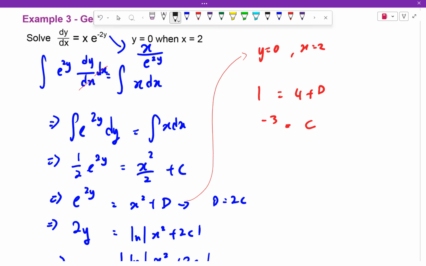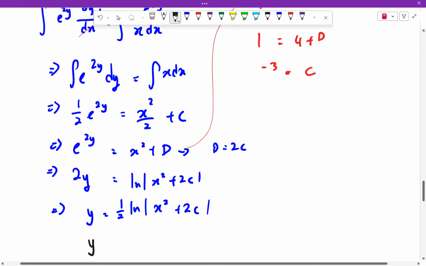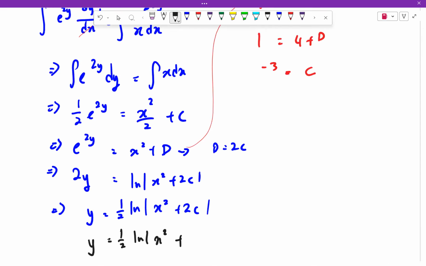So our final answer would be y equals to half of ln x squared plus a negative 3. Again, both answers are acceptable, I just think this one looks cleaner. Okay? Again, both are looking acceptable.